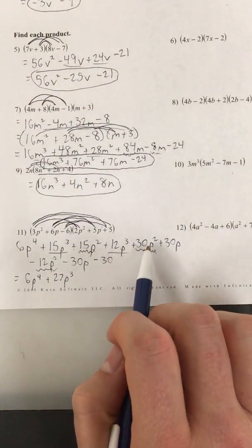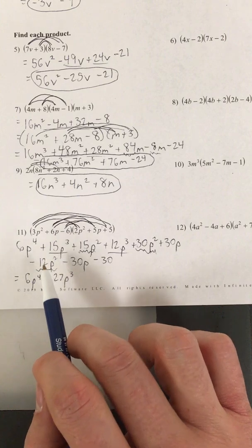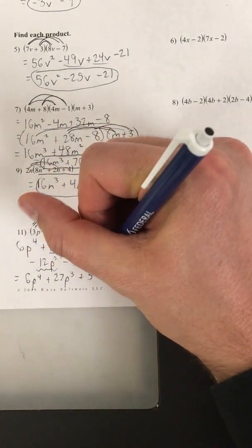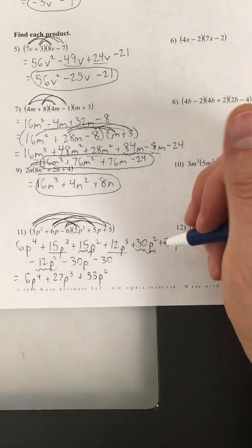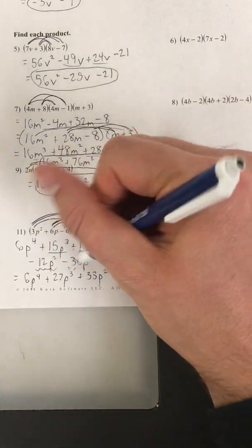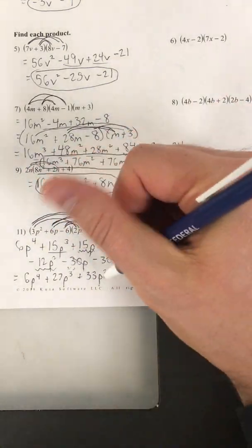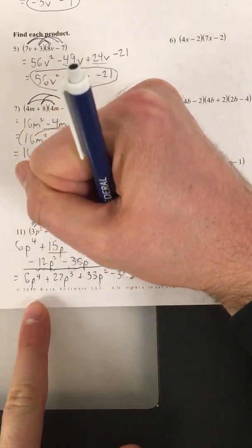So 15 plus 30, that'd be 45, minus 12, what is that, 33, plus 33p squared. And then let's see what else we have. We have a plus 30p and a minus 30p. Oh, they're just going to cancel out. And then I just have this minus 30 at the end. So there is my answer.